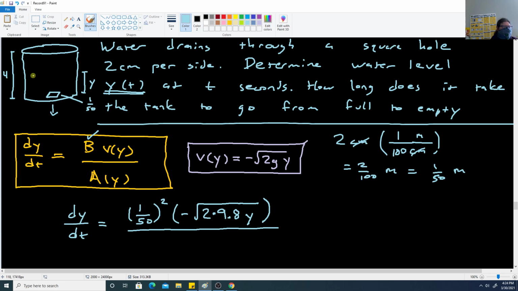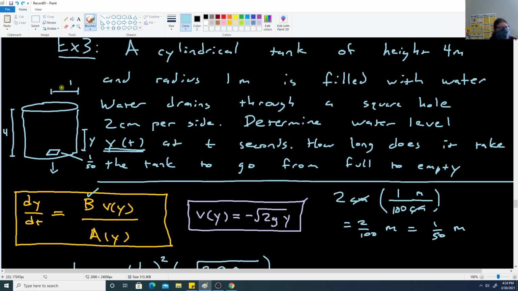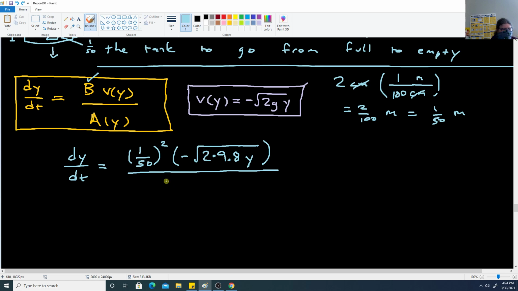Luckily, this tank is a cylinder, so regardless of what height you're at, the cross-sectional area is the same. It's the same circle. So it's pi r squared. The radius of our tank is 1 meter, so this will be pi times 1 meter squared. So we got the area of the hole in the bottom plugged in, the velocity we substituted in using this equation here, and the area of the base we did down there.